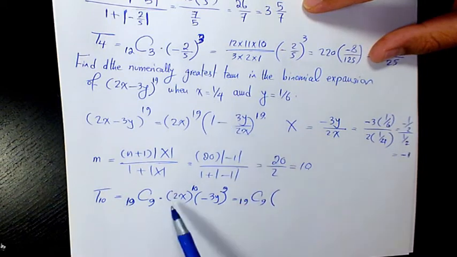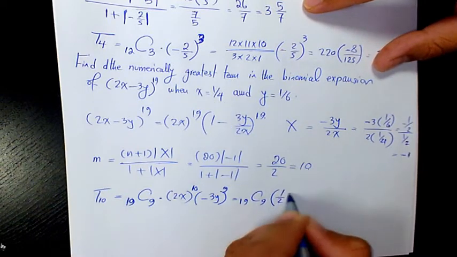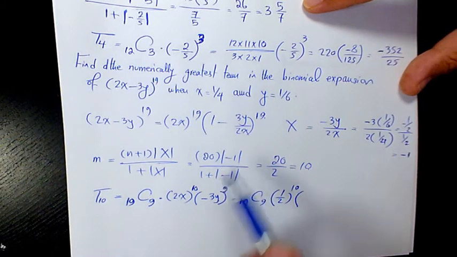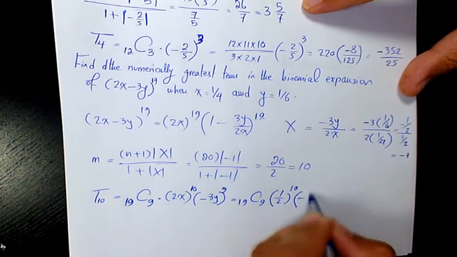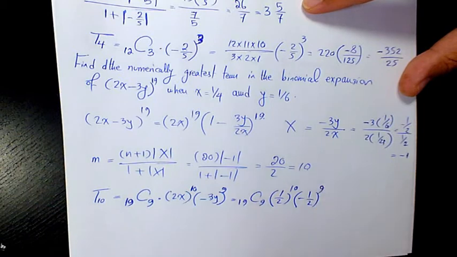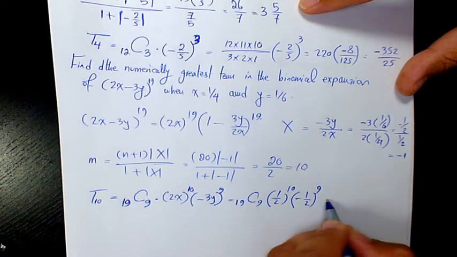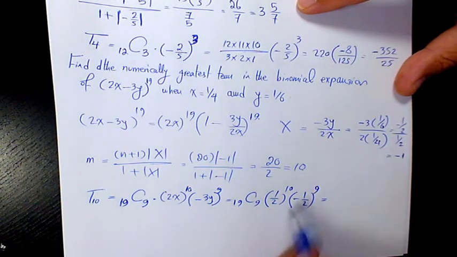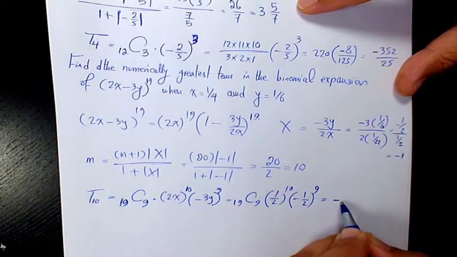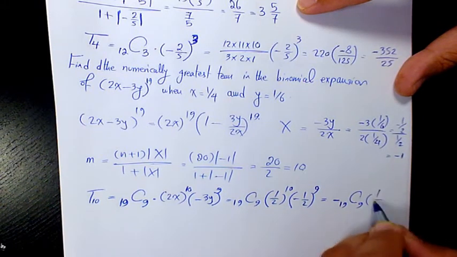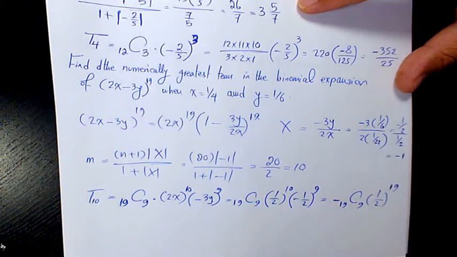X is 1/4, so it's going to be (1/2)^10, and here we have negative 3y. Y is 1/6, so it's going to be (-1/2)^9. So that's going to be negative 19C9 times (1/2)^19.